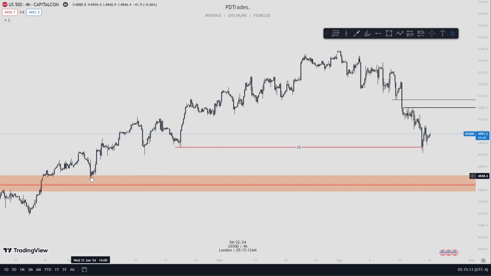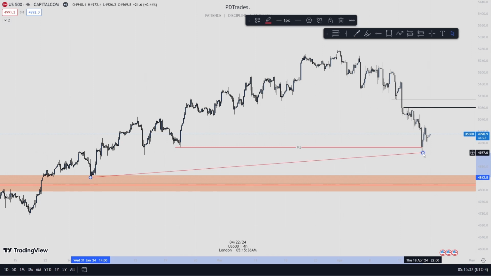This is the 30th of January. So if you see that, on Nasdaq this low was raided. This was the liquidity area that was being drawn to. But on S&P, it didn't break the 30th January low.